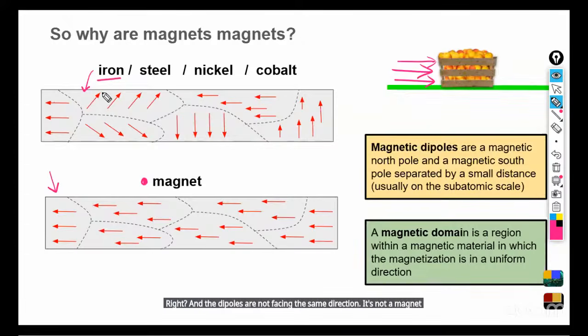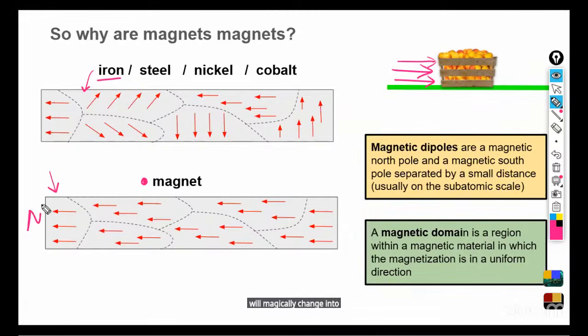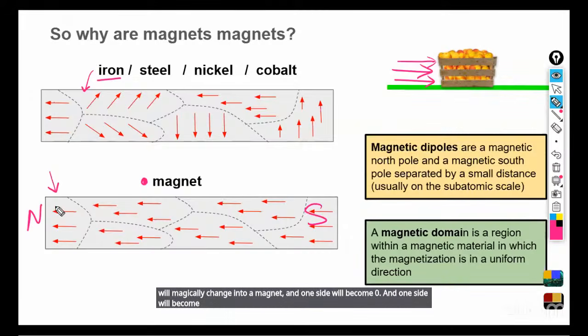But if you found a way to get all the dipoles to face the same direction, that piece of material will magically change into a magnet. And one side will become north and one side will become south. The side the arrowheads are pointing to will be the North Pole. And the side the tails are facing will become the south.